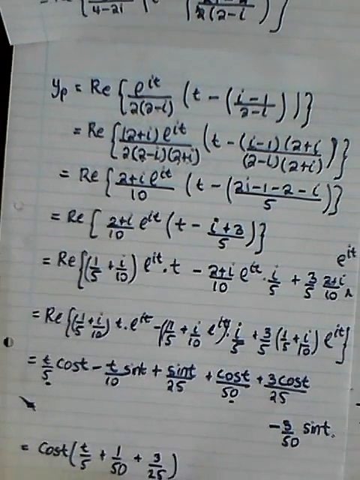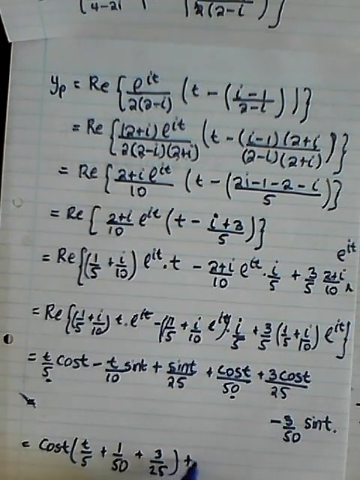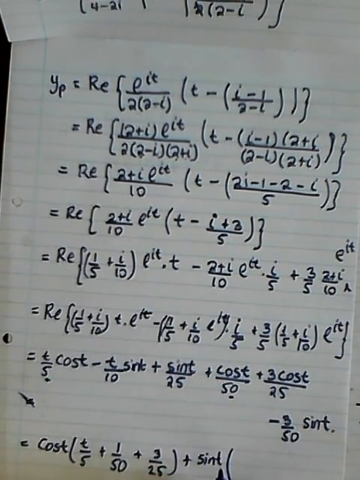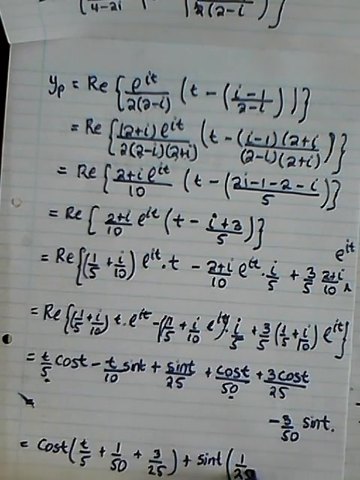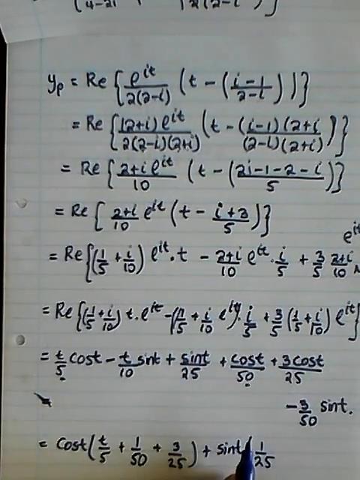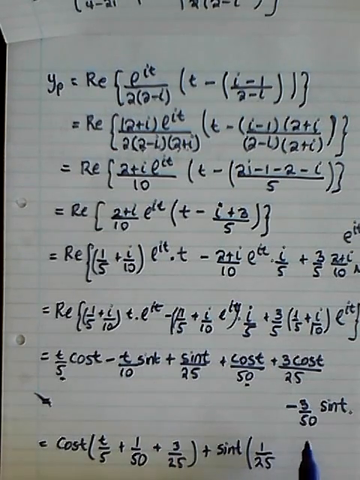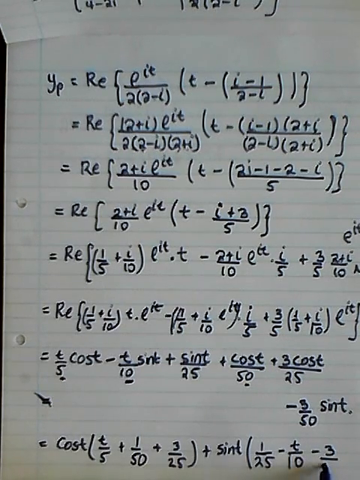Let's add sine t. With sine t we have 1 over 25, which is this term here, and then minus t over 10, which is this one here, and then minus 3 over 50, which is this term here.